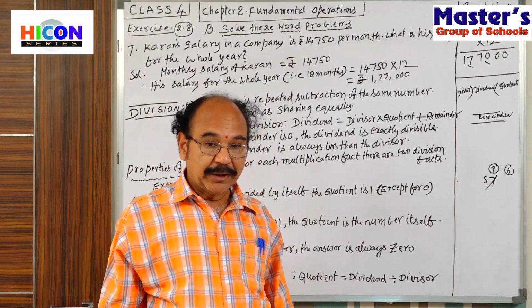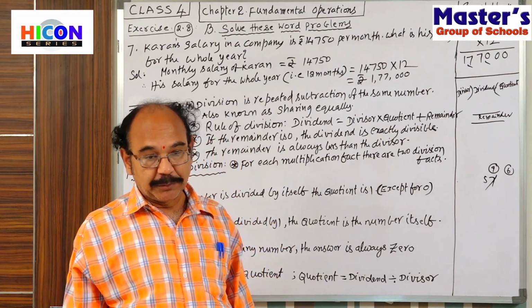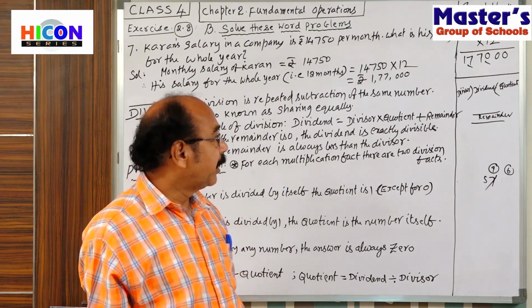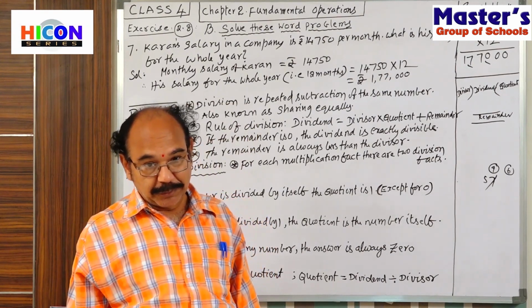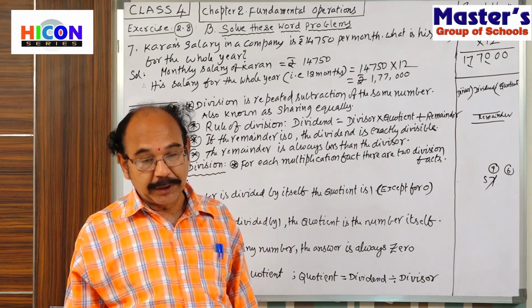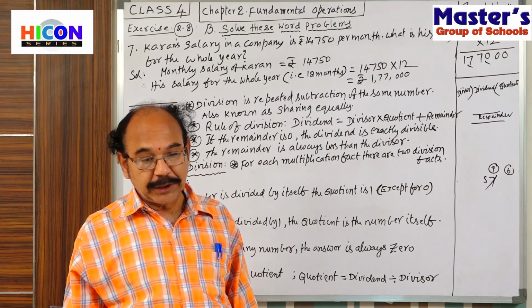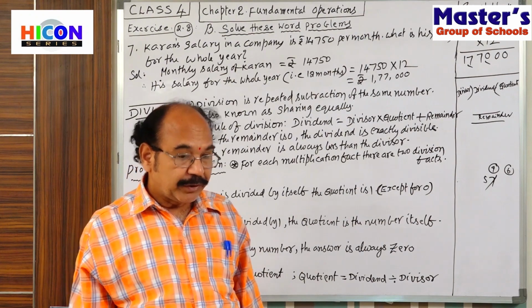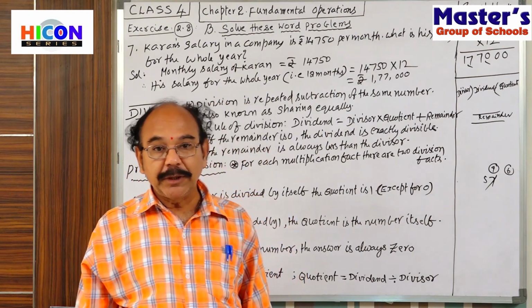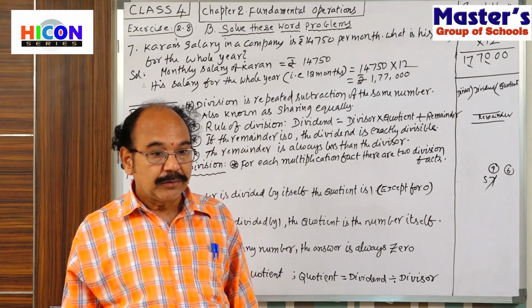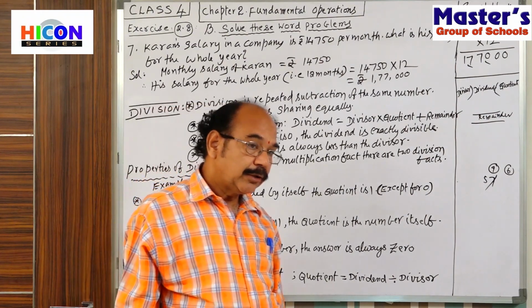If it is not exactly divisible, we get a remainder. If it is exactly divisible, no remainder. Remainder is 0.